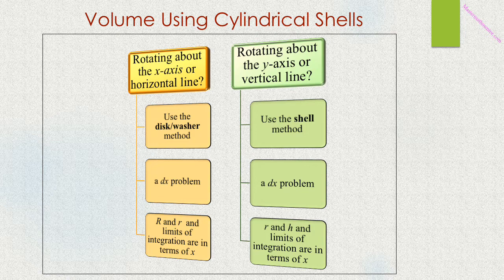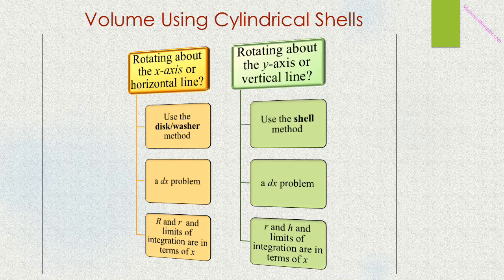Here is a good rule of thumb when doing a volume problem. If we are rotating our region about the x-axis or a horizontal line, it is generally best to use the disk washer method because it becomes a dx problem.